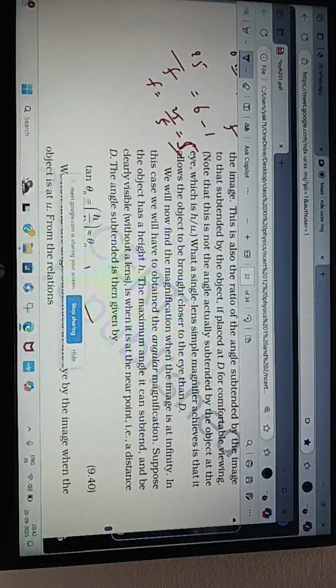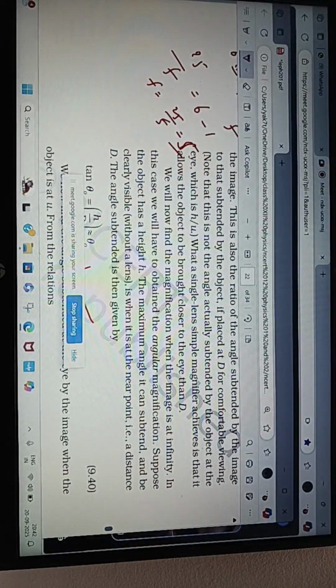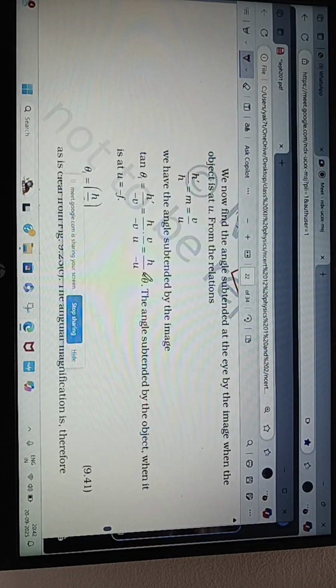So understand this closely. What I actually want to say is: for angular magnification, what is the ratio? Earlier we took linear magnification. So angular magnification means what you have to take?